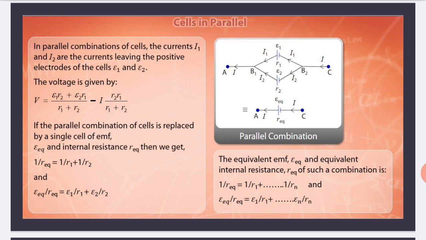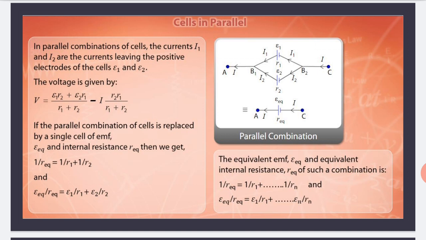Let us suppose the currents I1 and I2 are flowing through the cells whose EMFs are E1 and E2. The voltage is given by V = (E1R2 + E2R1)/(R1 + R2) - I R1R2/(R1 + R2).